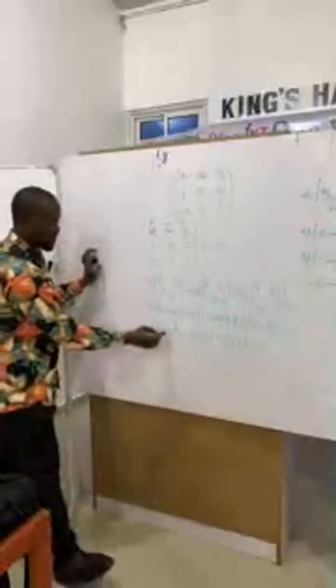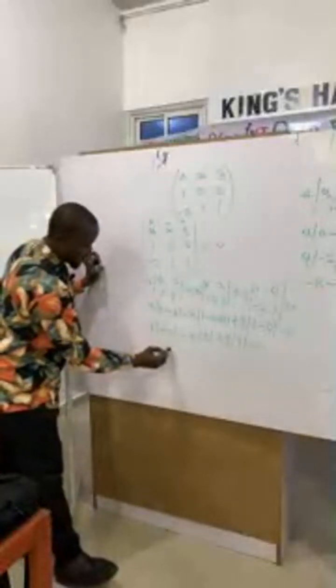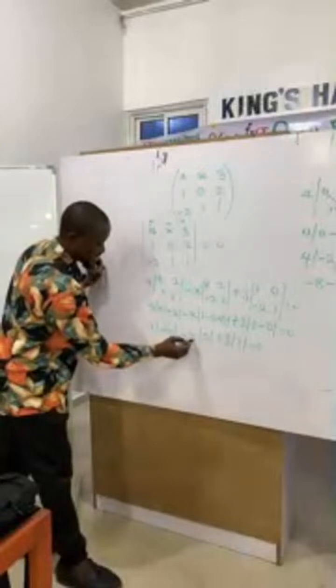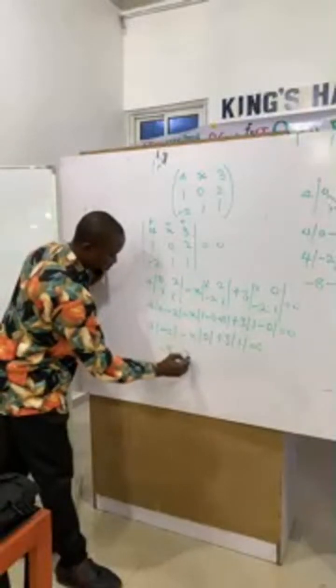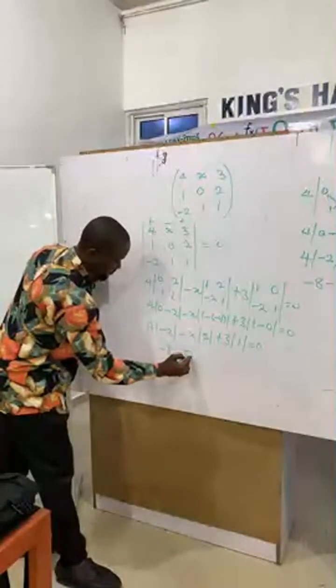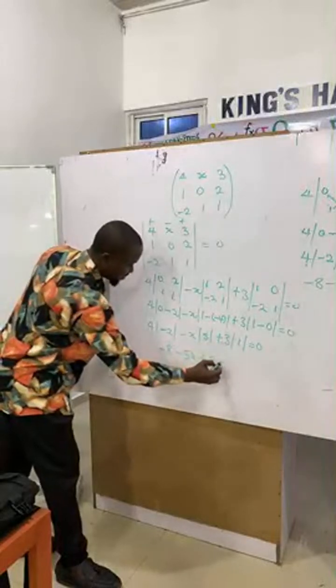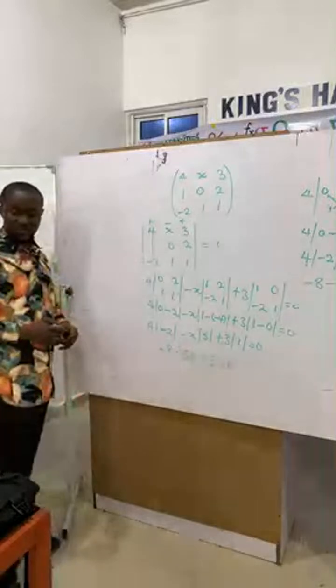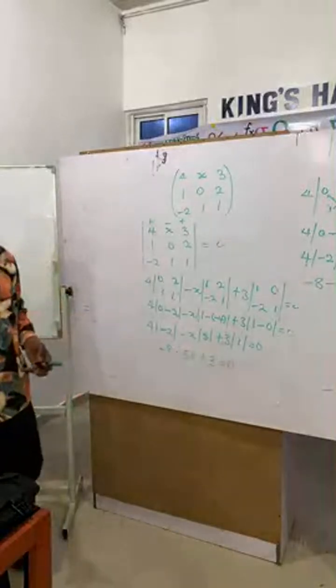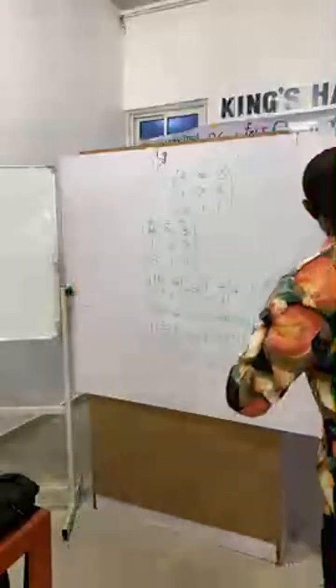So 4 times minus 2 is minus 8, minus x times 5 is minus 5x. Now plus 3 times 1 is 3, equals 0. You see from here you can get the value of x. x will come out without any fear or favor.